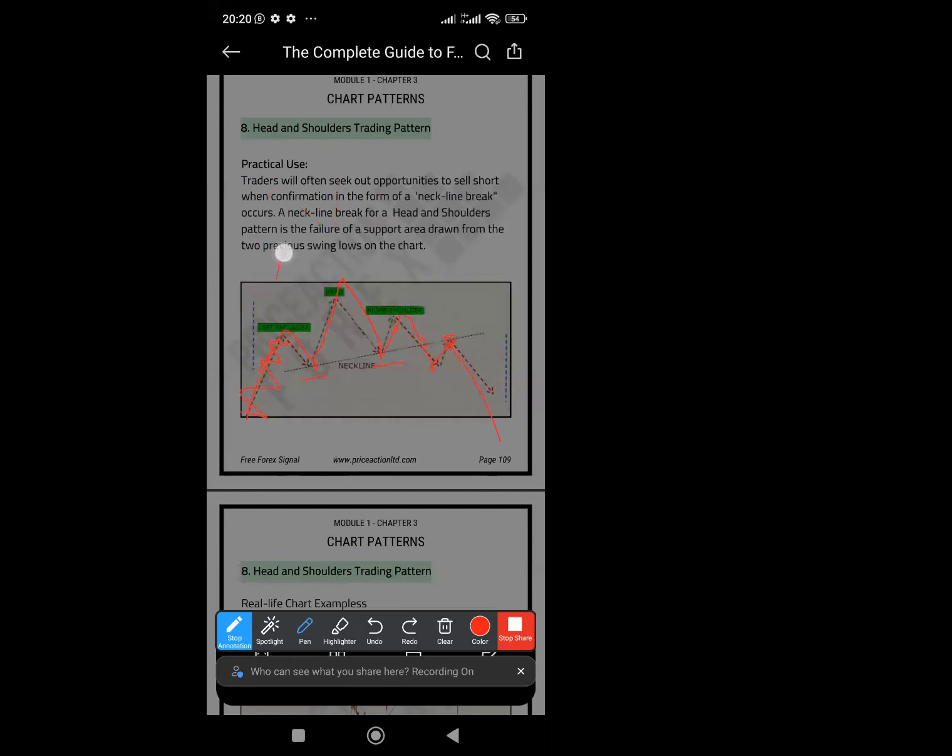So you can call that a flag pole. All right. So you can measure your flag pole where the flag pole started and draw it like this to determine your TP. So as it starts here, we can draw our TP like this and take our profit here.